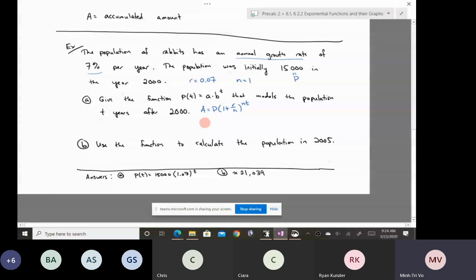Now let's plug everything in. A is equal to 15,000 times 1 plus 0.07 over 1, to the 1 times t. If you simplify this, you get 15,000 times 1.07 to the t, because 0.07 divided by 1 is just 0.07, you add it to 1 to get 1.07, and 1 times t is just t. So this is a, and this is b. Now it's exactly in this form.